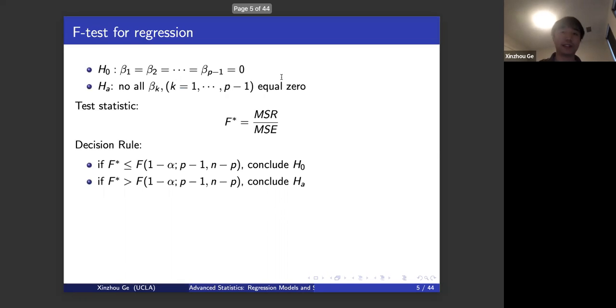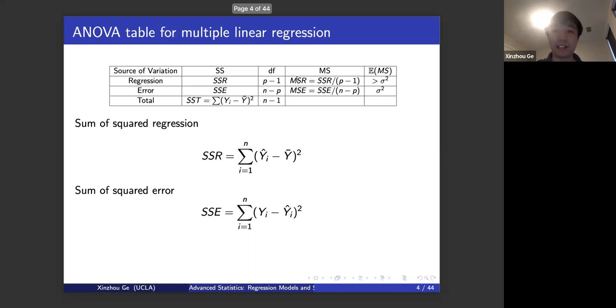And the test statistic will be the average. So here, MSR will be the mean squared regression, and MSE should be the mean squared error. So this will be the SSR over the degrees of freedom, or the SSE over the degrees of freedom. Anyway, we want to take the ratio of these two things and make it the test statistic.